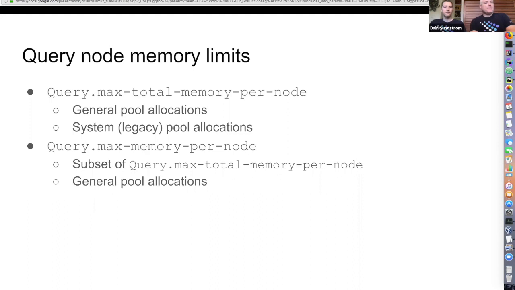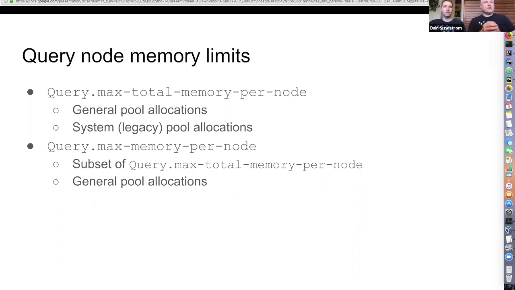Yeah. So I think the most important thing to mention about these configs is that the memory is accounted per query, but the way it's actually accounted is each operator that's working on this query is going and saying, okay, we're going to take this data and we're going to put it in a hash table for a join.